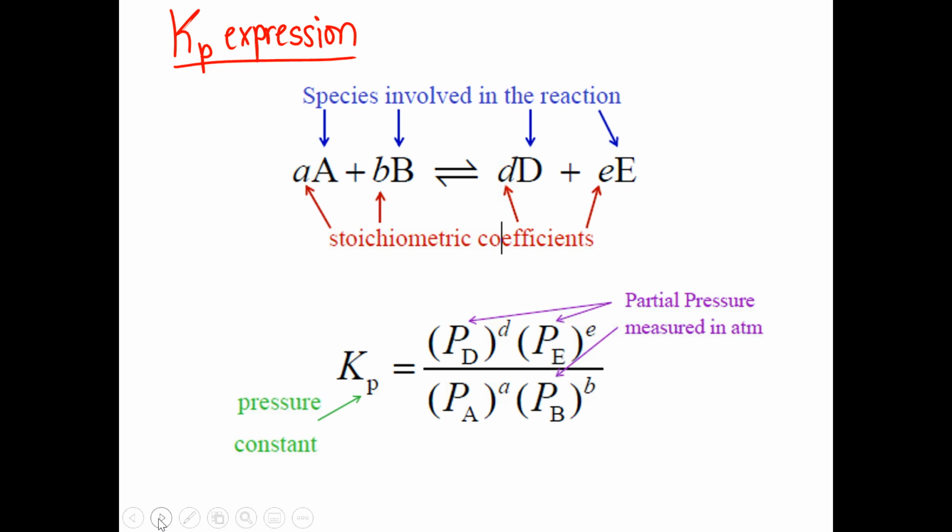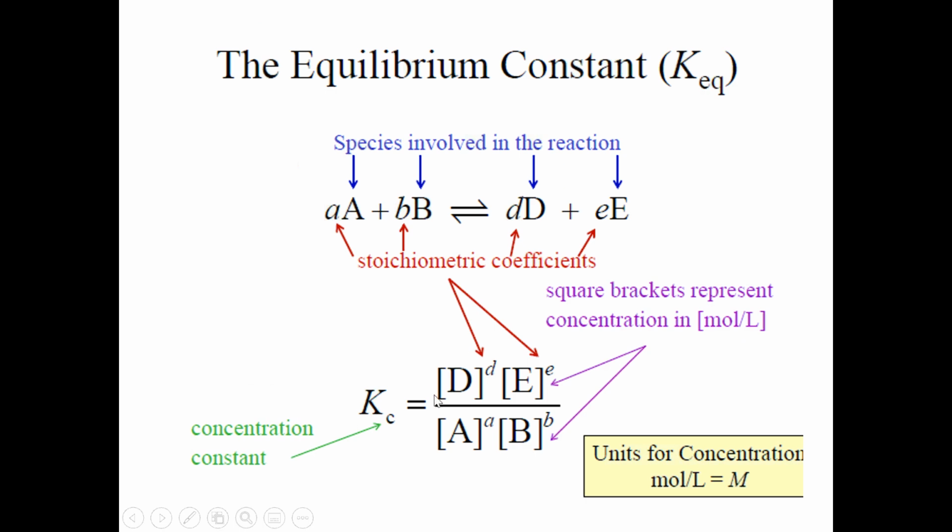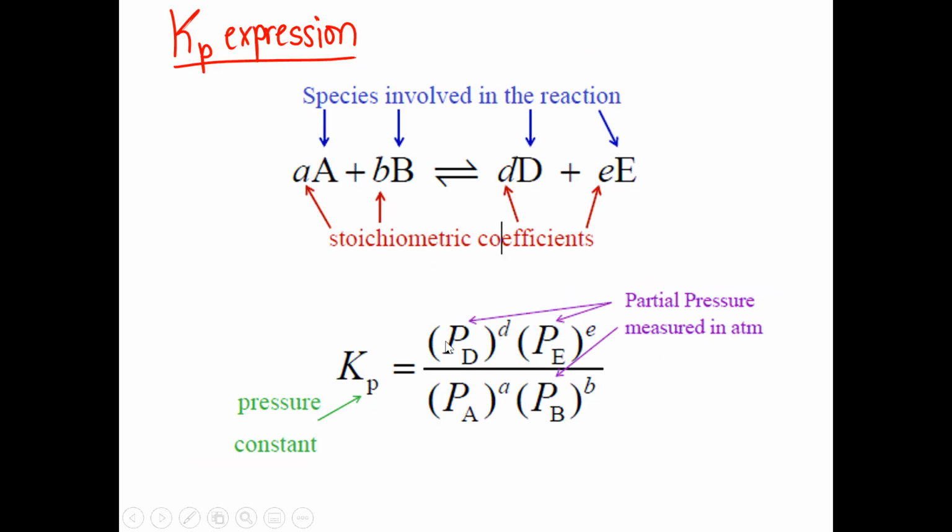Sometimes we will be interested in the Kp for a reaction. So notice that this K expression, the similarities to the previous one is it's still products over reactants, and the coefficients become the exponents. But the difference here is the symbols that we use. So instead of using square brackets, which represent molarity, we are using this symbol right here.